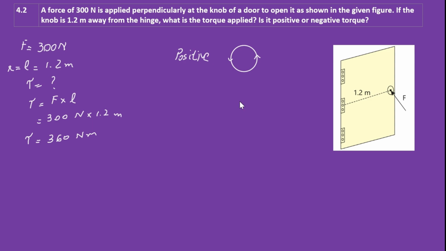And if the torque is in clockwise direction, and if I draw the arrow in the clockwise direction like this, then this torque is usually taken as negative.